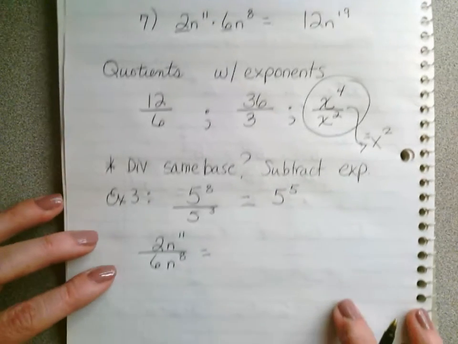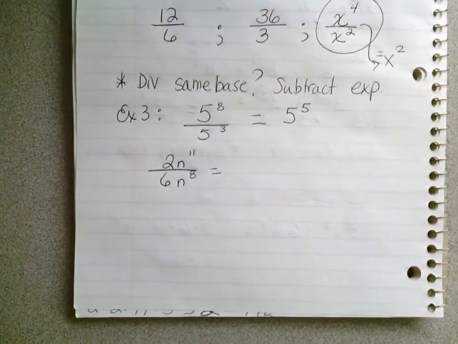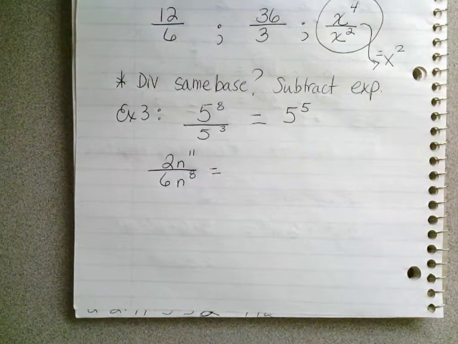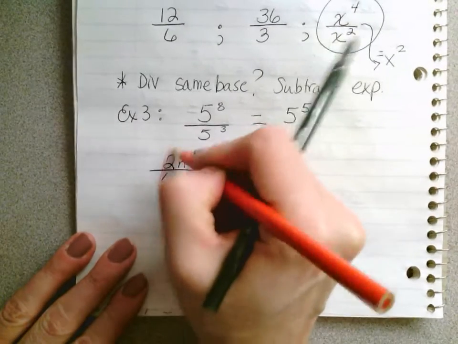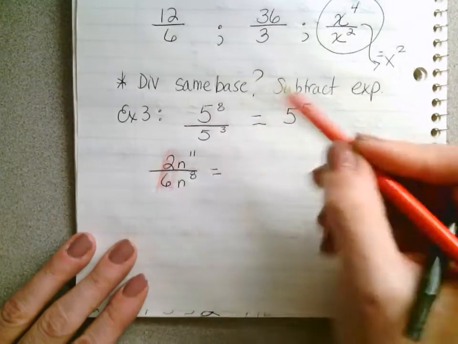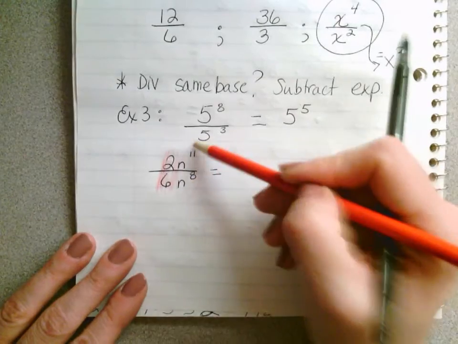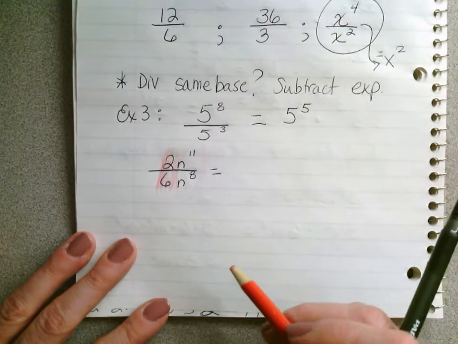Remember how I said same base, subtract the exponents? Well, this has two different components to it. It's got a numeric only piece and then the exponent piece. You can think of those separately.